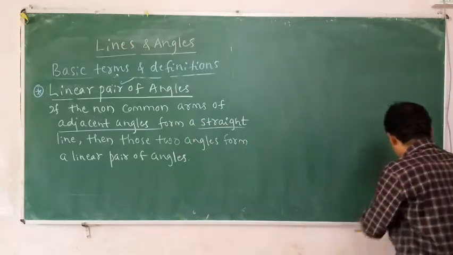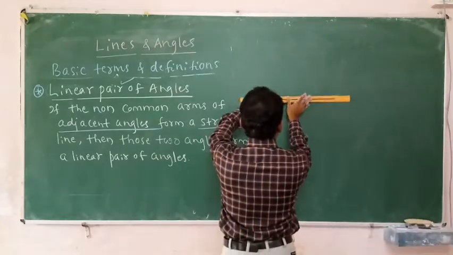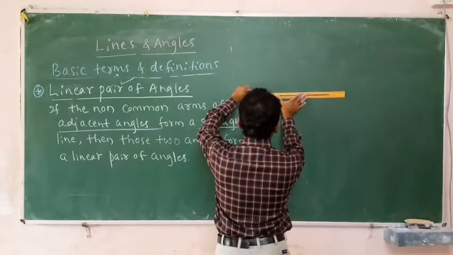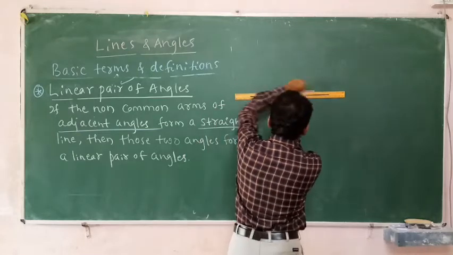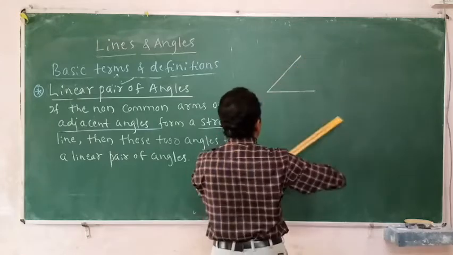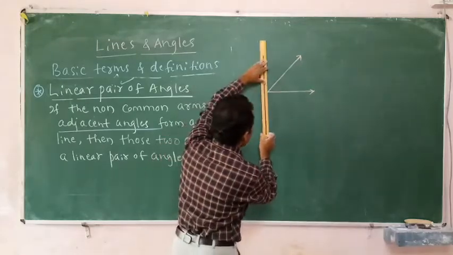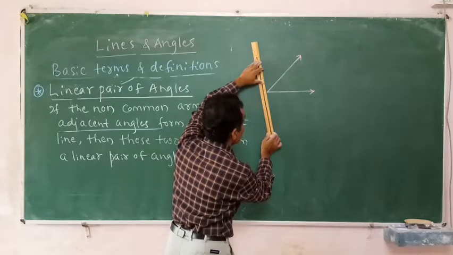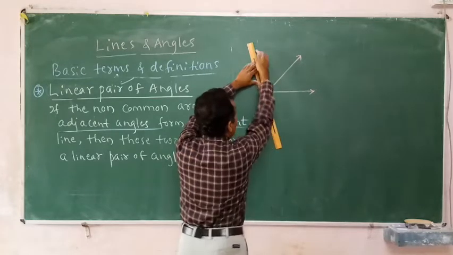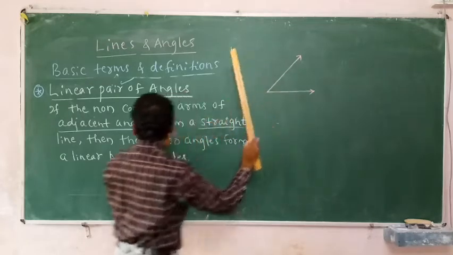I will show you how they are forming a linear pair. See here, let me draw the first angle. Say this is the first angle. And somewhere here I can draw the second. If I draw here, no doubt this is called the common arm. But what does the condition say?